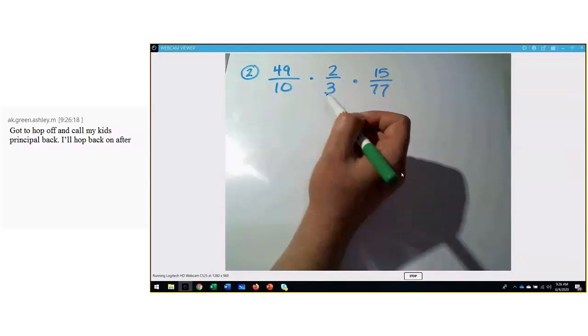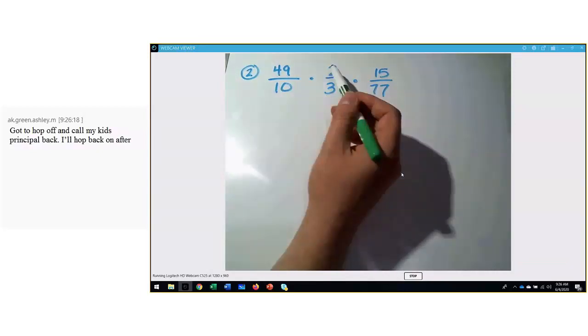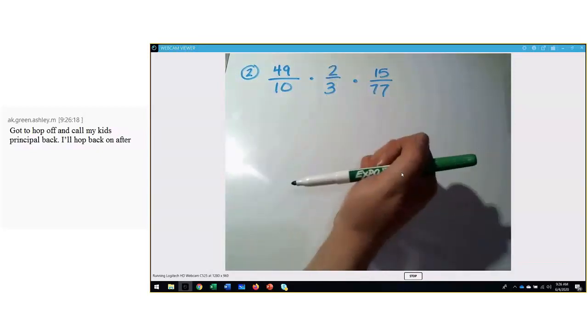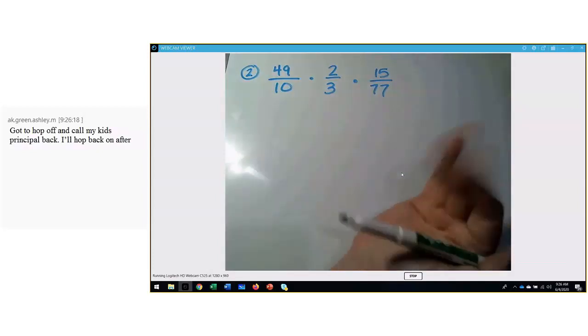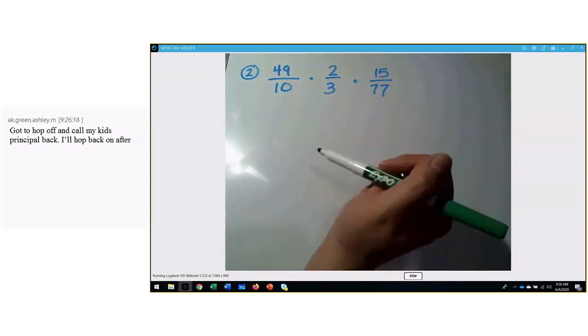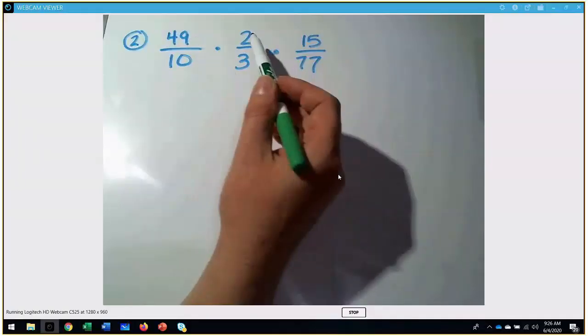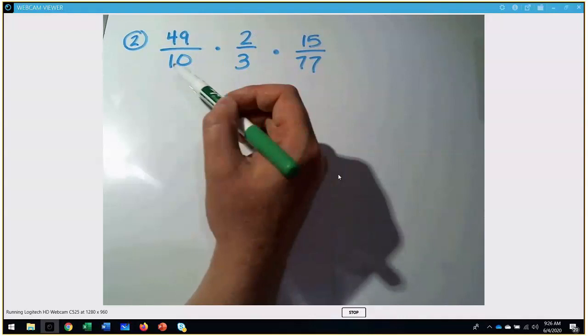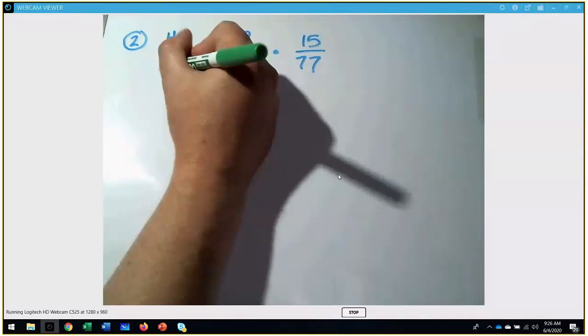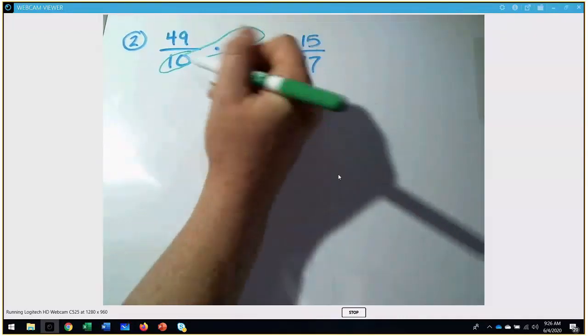You can do the 49 and the 77 by 7 and make it 7 and 11. You could go a lot of different ways with some of these. So I'm going to go with, just to show, the 10 and the 2 real quick. They're both divisible by 2.